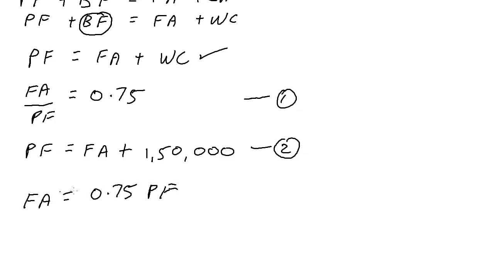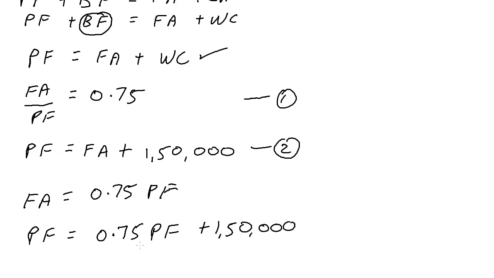And now we can substitute. On the right hand side, we have proprietor's funds is equal to 0.75 proprietor's fund plus 1,50,000. Now 0.75 on this side is addition, goes that side it becomes subtraction. So we have proprietor's fund minus 0.75 proprietor's fund is equal to 1,50,000.